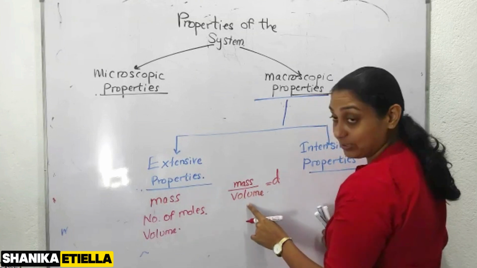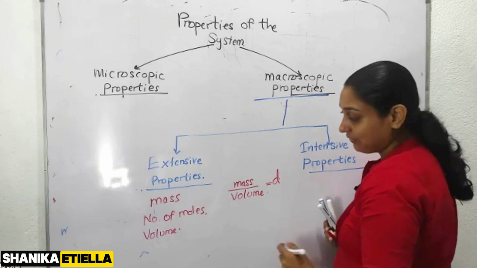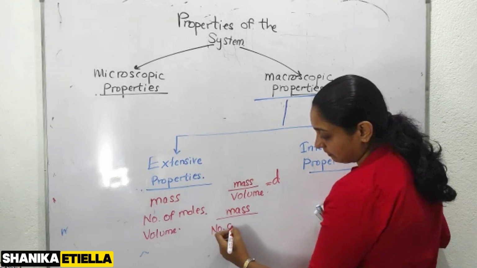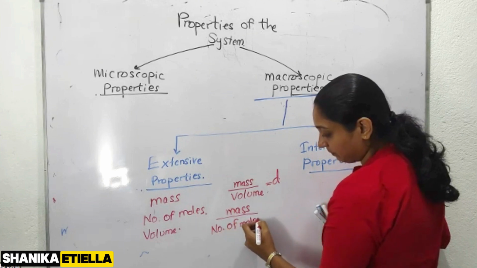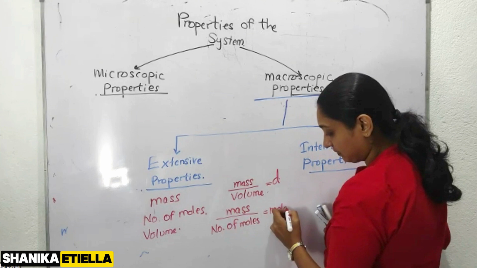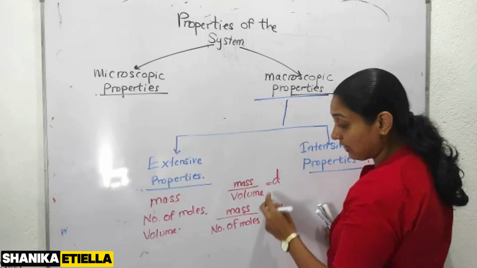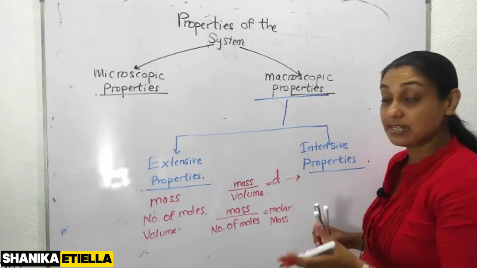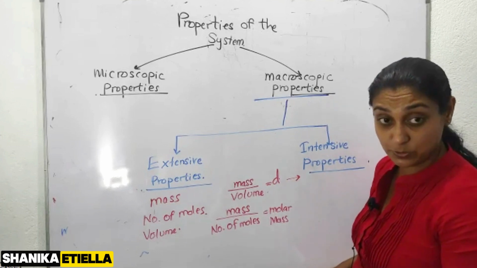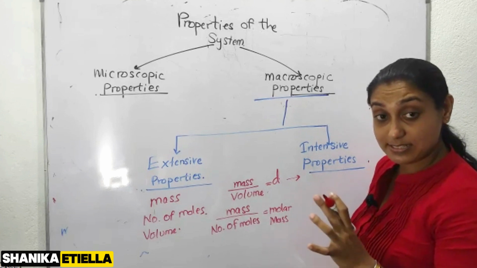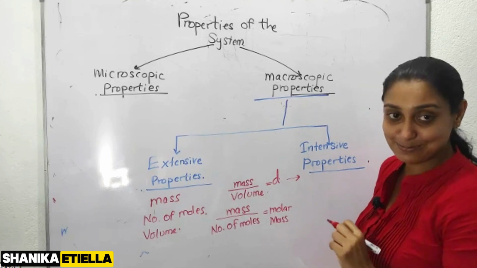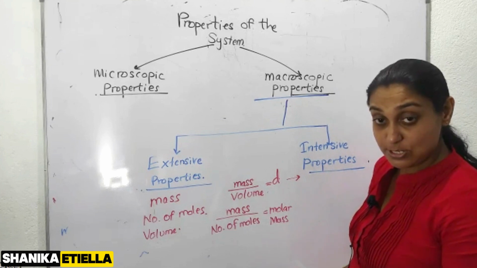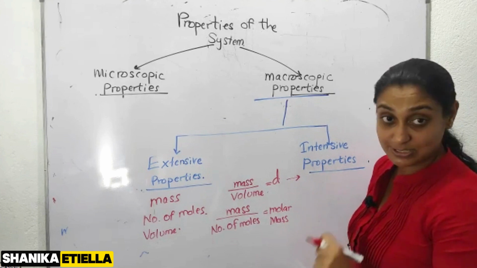Likewise, mass over number of moles, it's molar mass. Those physical parameters are also intensive properties. So if one extensive property is divided by another extensive property, I can get an intensive property.